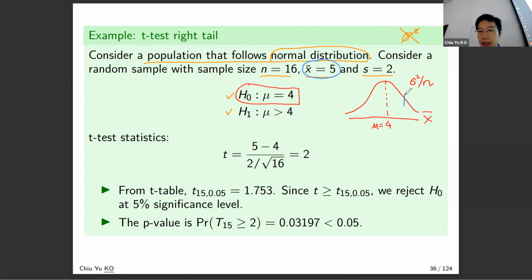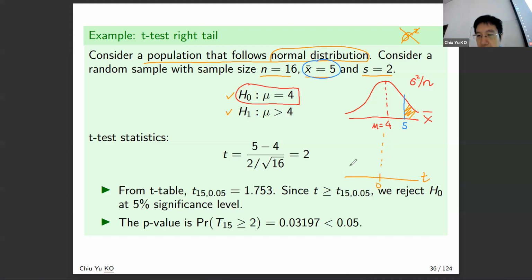We can see whether 5 is far away from 4, look at the area on the right hand side, and check whether it is small enough. Then we reject. But the problem is we don't know sigma squared, so then our life is terrible. Then what can we do? We use the student T idea. Actually, the good thing is, although we're going to find this area, it will be same as T.